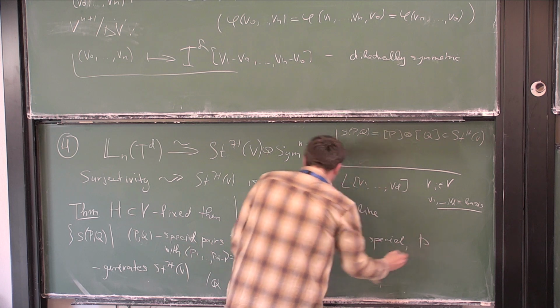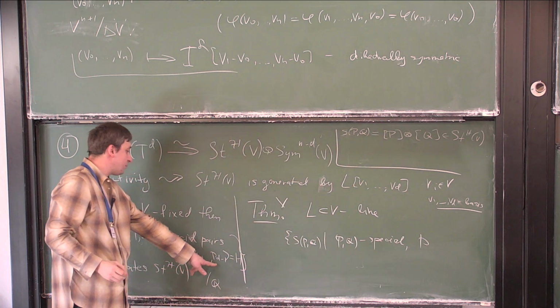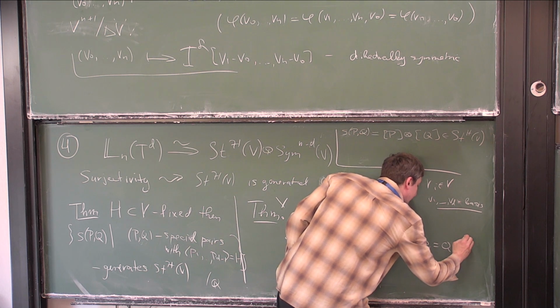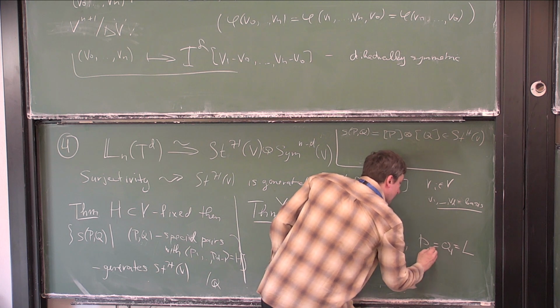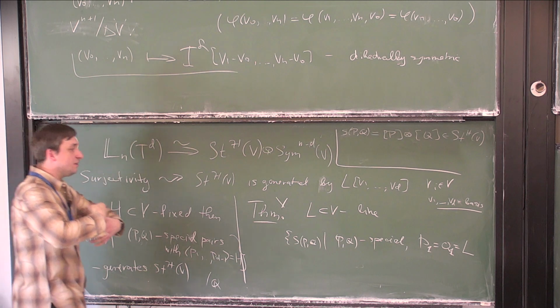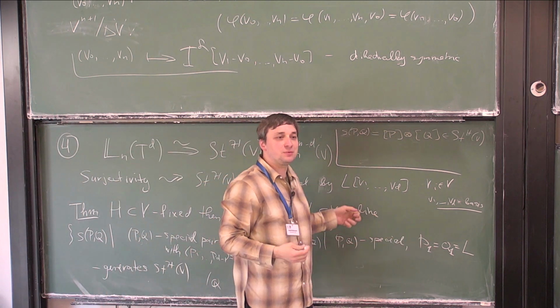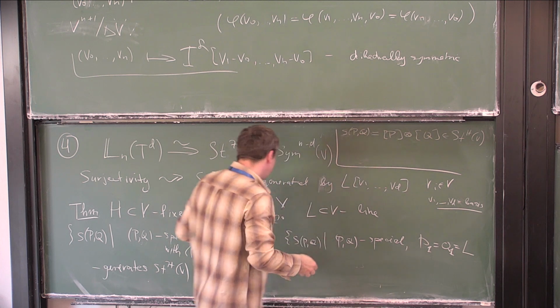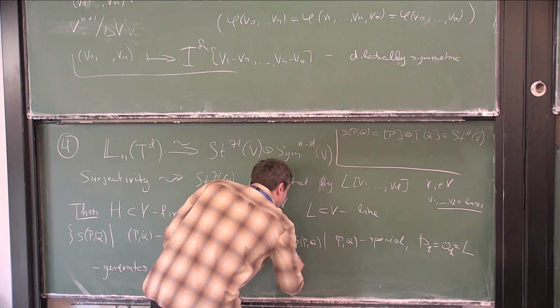And instead of the first d minus 1 points spanning the plane, the condition turns out to be that the first 2 points span the line. So this common point that the two simplices had, you can specify in any way you like, and then these together still span the Steinberg module. So they generate.